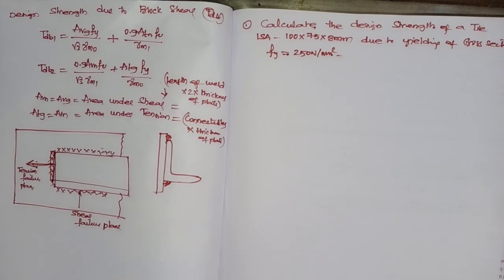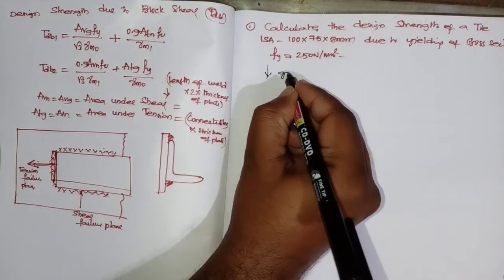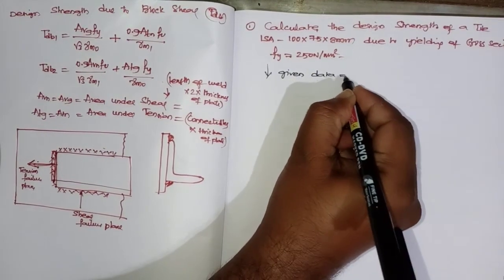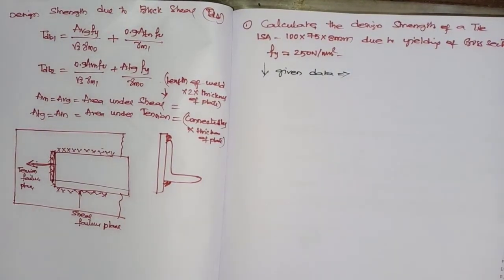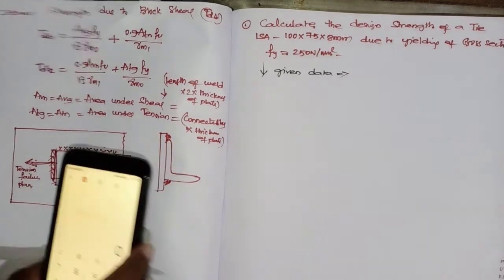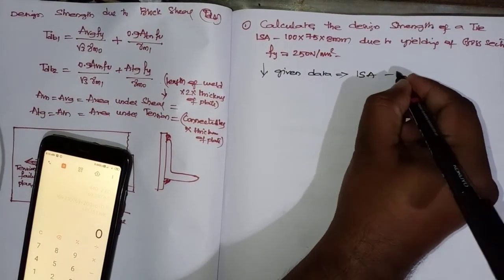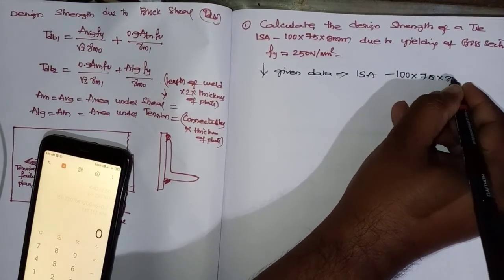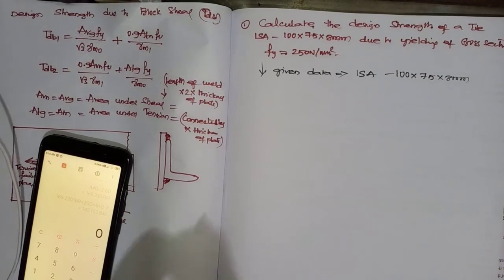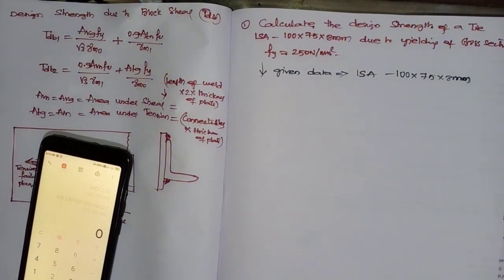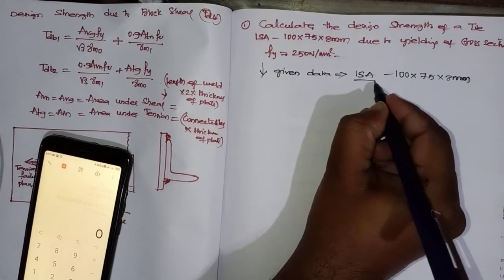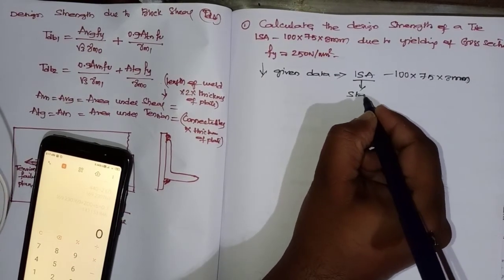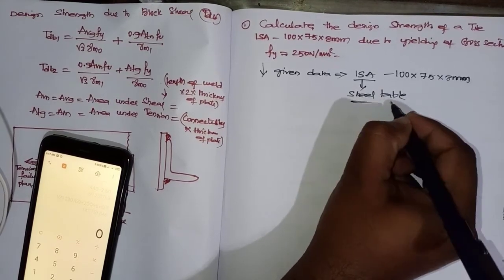Now, given data: ISA 100 by 75 by 8 mm. The area of an Indian standard angle section you may get from the steel table. As the steel table is not available, we can calculate it.